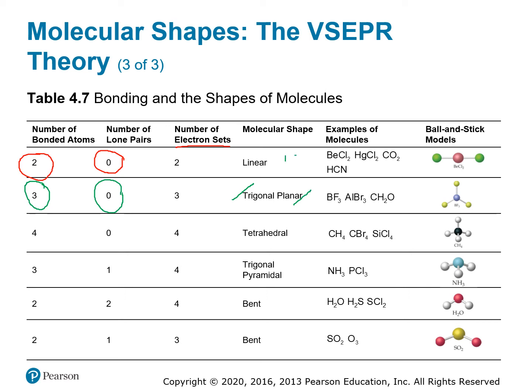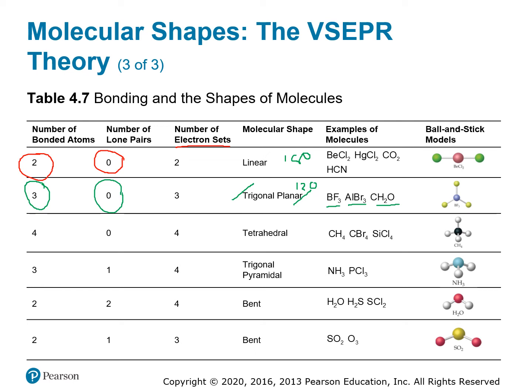The angle for trigonal planar is 120. And the molecules are like boron trifluoride, aluminum tribromide, and here's one organic molecule. So you have a central atom, and the rest of the atoms are separated by a bond angle of 120 degrees.